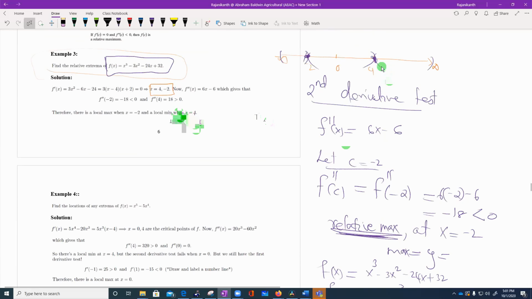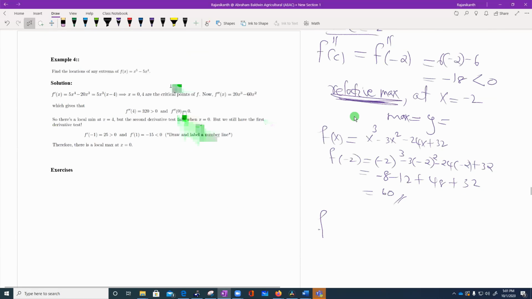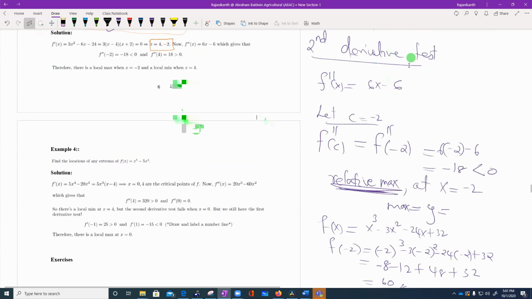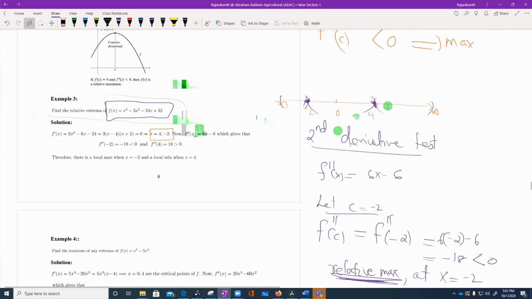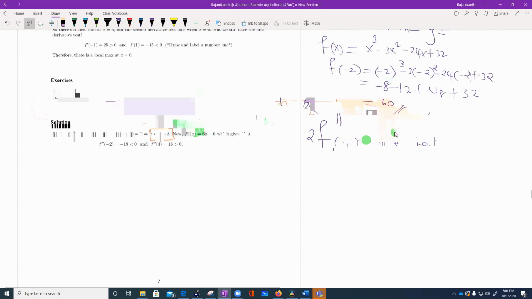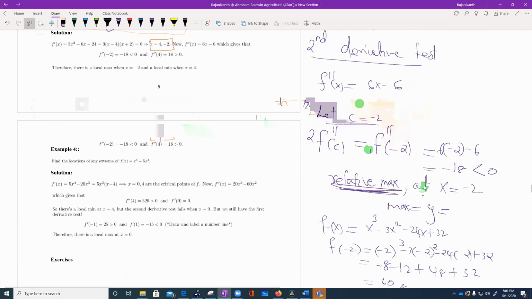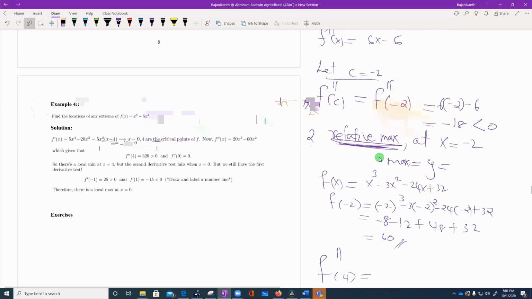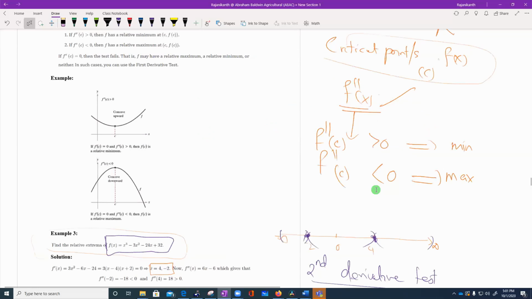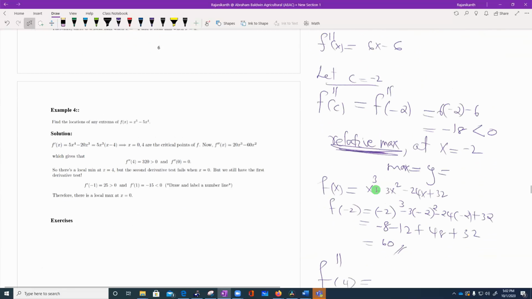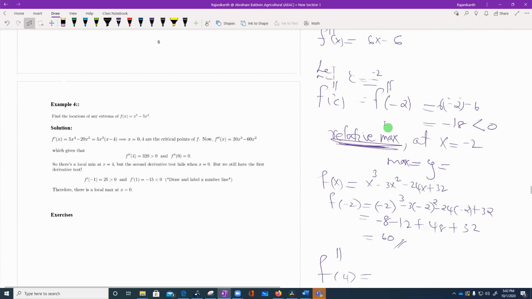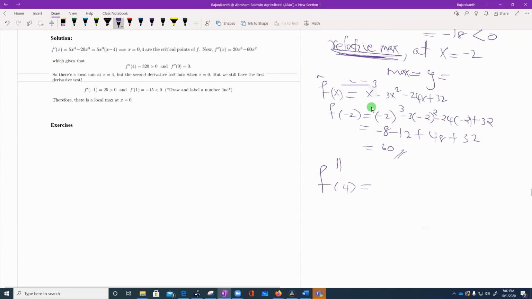For the second derivative test, now you have to plug in the second critical point, that is 4. So find the second derivative at 4 now. Again, I'm using the same second derivative function we have, 6x minus 6. So 6x is positive, minus 6.